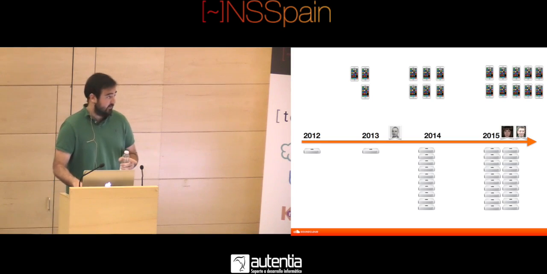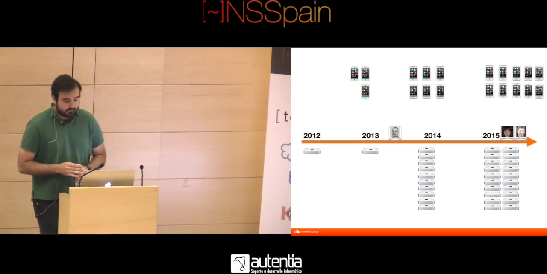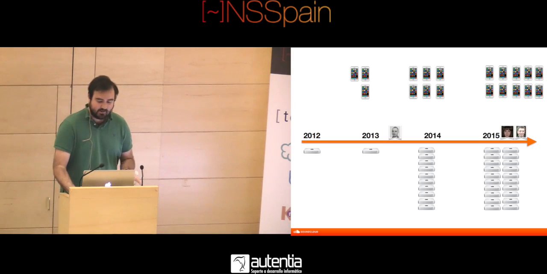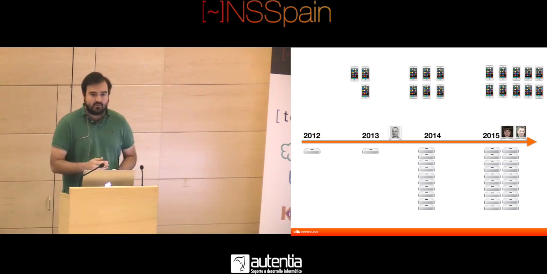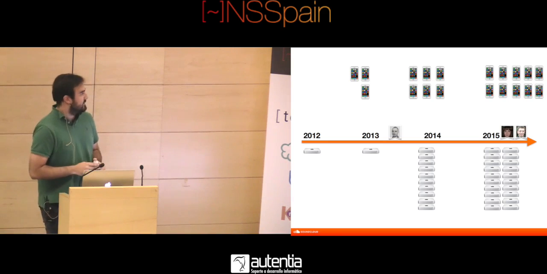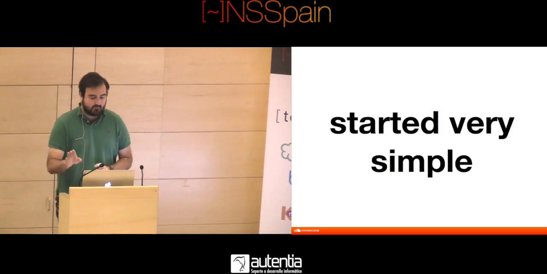But we still had the single Mac Mini running everything. Then the team grew, the build took longer and longer, so we needed more Mac Minis, so we got more Mac Minis. And then the team grew again. We hired 2 new test engineers to help both the iOS and Android team, and the number of Mac Minis increased as well. But the thing to keep in mind is that we started super simple.